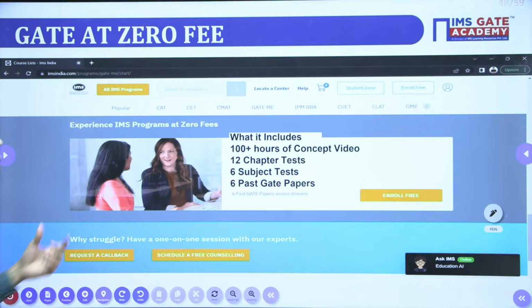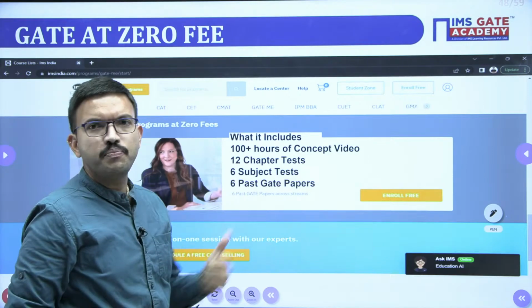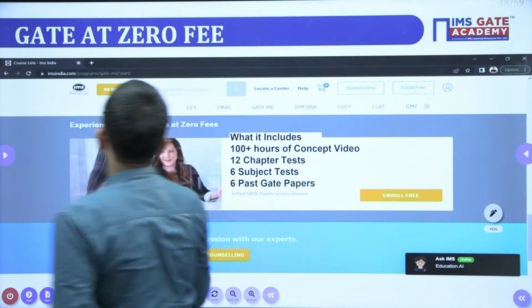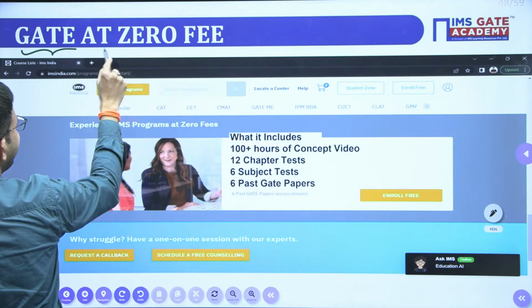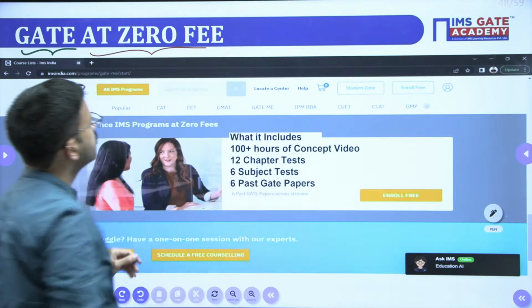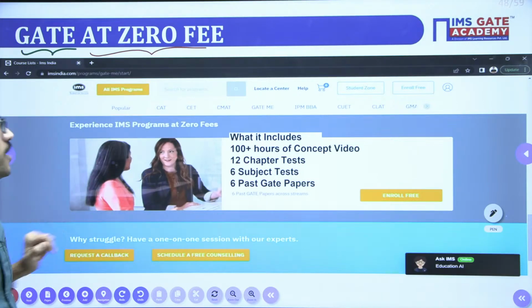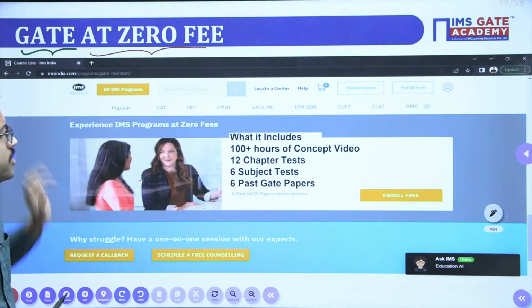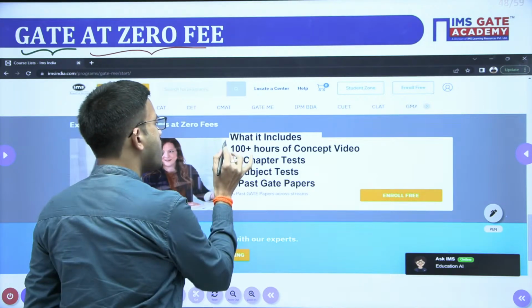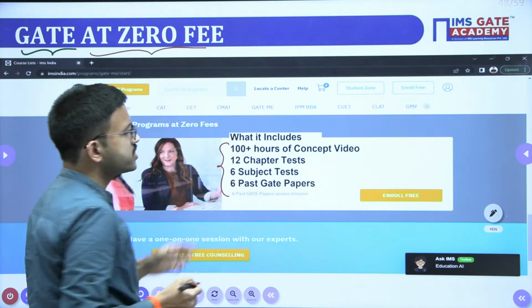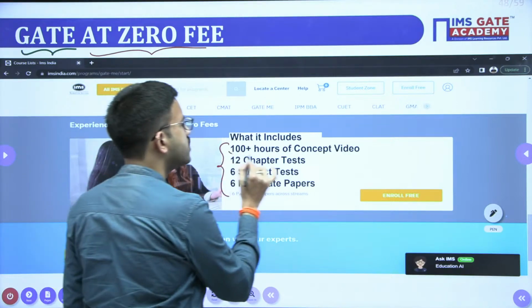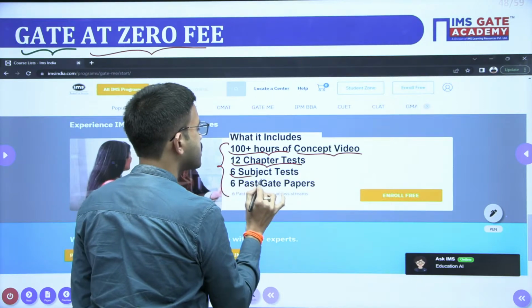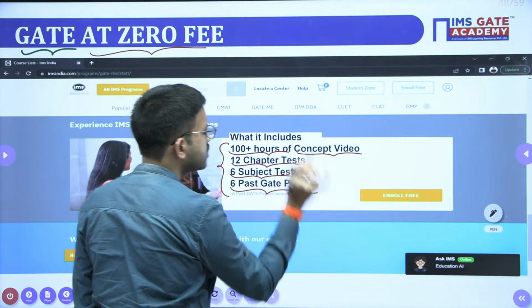Now this is one of the good features of the courses we have. Here you need not pay even a single rupee. Just if you log in on our website, you will get all these courses: 100 plus hours of concept video, 12 chapter tests, 6 subject tests, 6 past GATE papers.